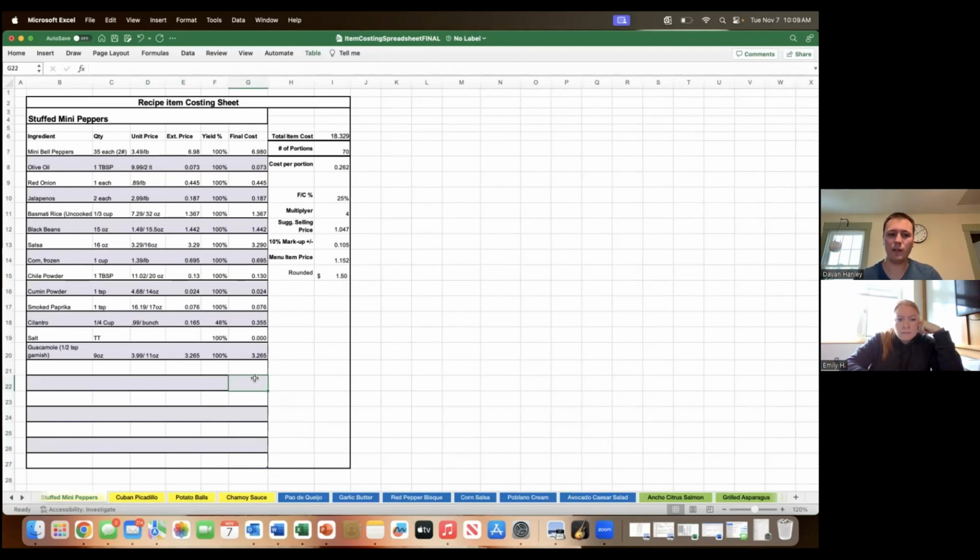Yield percentage allows you to make up that loss by increasing the cost. Does that make sense? Yes, I think so. It's a 46% yield, which means we're losing 54%. So we're increasing the final cost and putting that on the menu price for the guest to make up what we just lost.